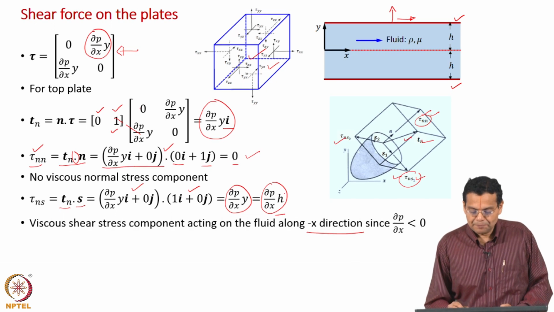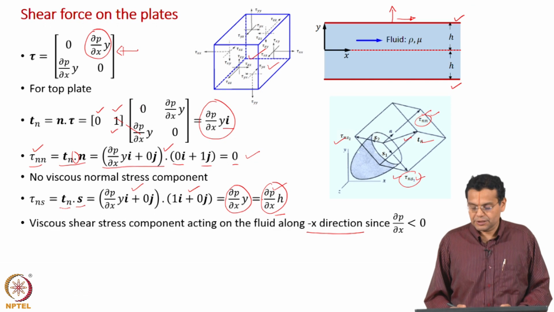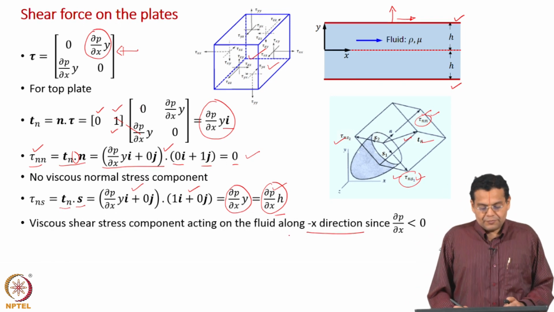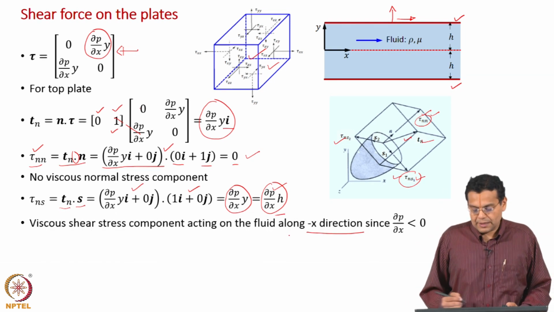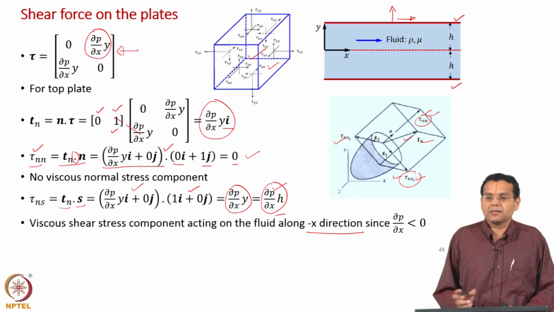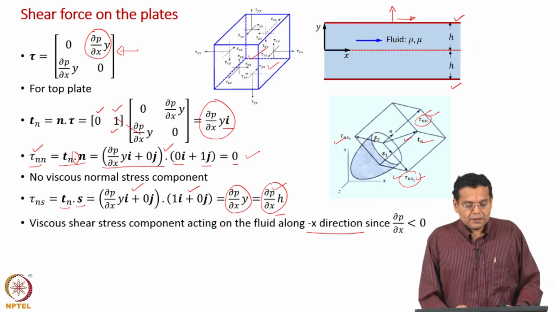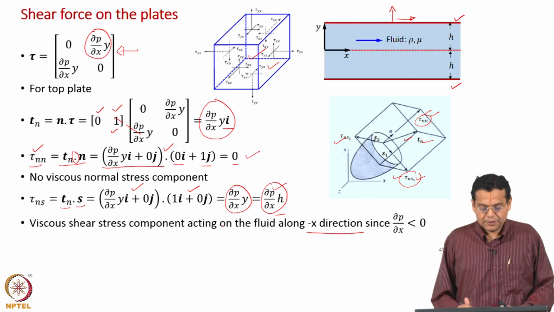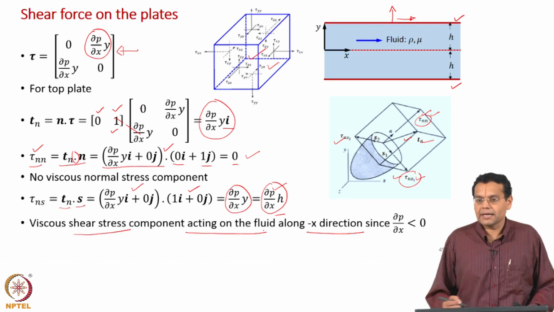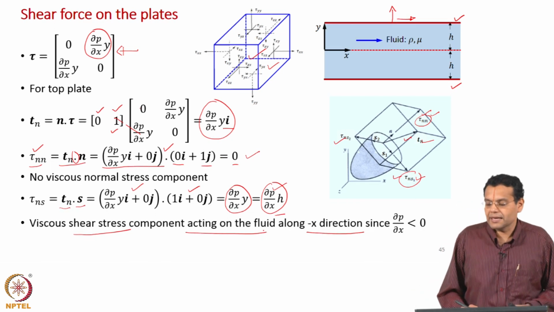Why did we say that? h is of course a positive number, dou p by dou x is less than 0, and hence tau n s is negative, and hence the shear stress acts along the negative direction. But more importantly, remember all our discussion on the stresses are all acting on the fluid. So, the shear stress component acting on the fluid is along the negative x direction. That also we can easily understand.